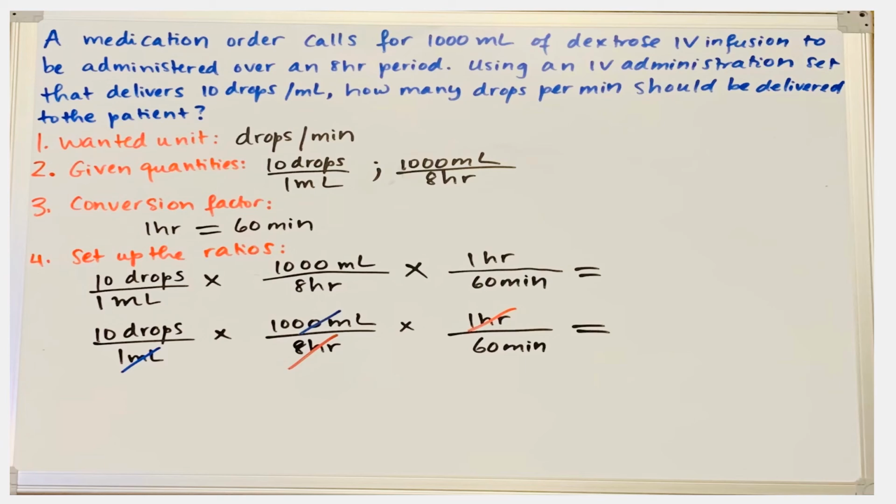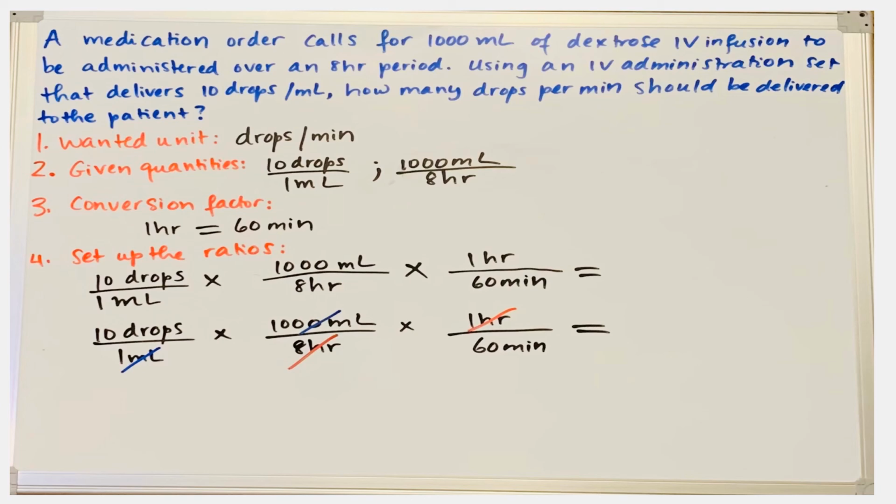Next, you have to set up your ratios. So first, 10 drops per ml, 10 drops need to be on top because in your final answer, it's drops per minute. So that means you want your drops on the top. Then 1,000 ml over 8 hours, you want your 1,000 ml at the top because you want that ml to cancel out with the ml from 1 ml at the bottom.